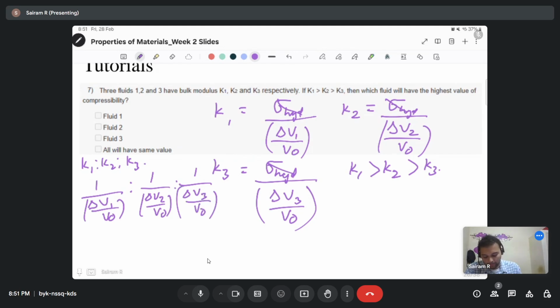So for K1 to be greater than K2, del V2 should be greater than del V1. Why? Let's say K1 is to K2, and let's again assume V naught to be very similar, just 1 by del V1 is to 1 by del V2.